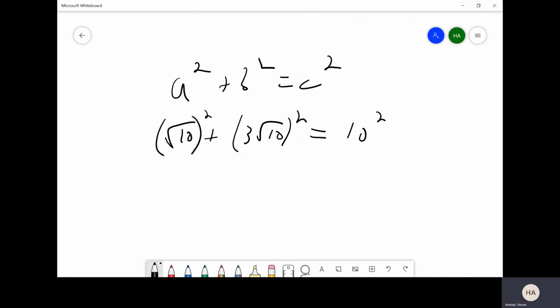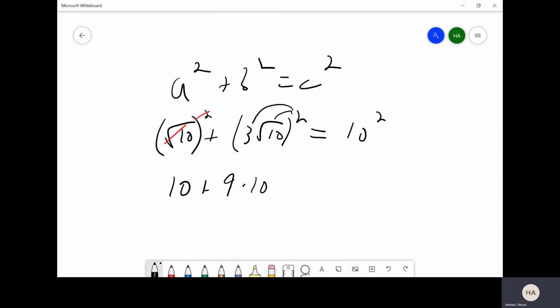Okay, so plugging this in, we now get the square root of 10 squared. Well, the square and the square root are just going to cancel, right? And we're just left with 10 plus. Now the square applies to both the 3 and the square root, right? So 3 squared is 9, and the square root of 10 squared just gives you back 10.